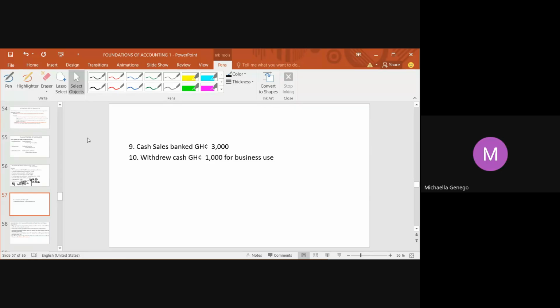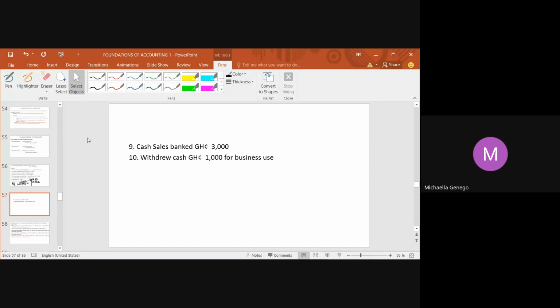Yeah, but why are you not calling it withdrawal account? They are calling it drawing. Madam, can we say the money is being withdrawn since it's being used for business? Yeah, they are actually right. It's drawings account and then cash account.